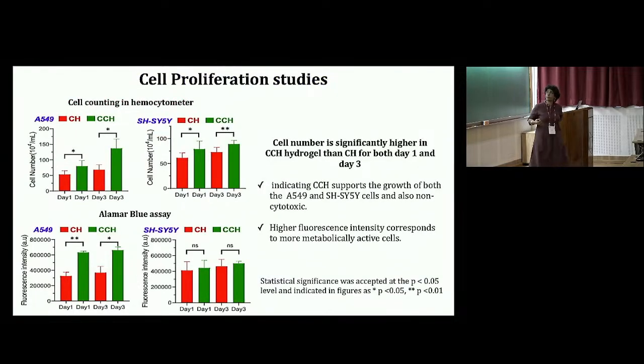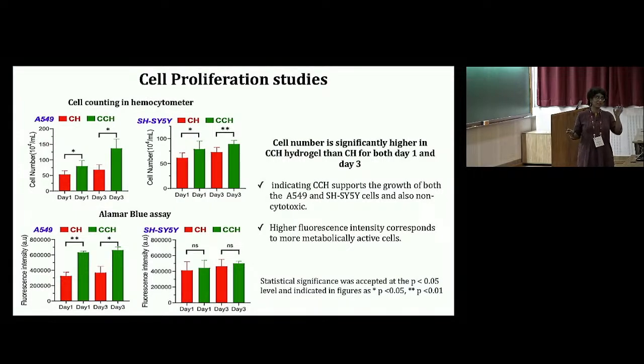These are some of the cell proliferation studies. There are two types of cell lines we have done. Or I should say, my collaborator has done the cancer cell lines and the neuroblastoma cell lines, which are the A549 and the SHSY5Y.